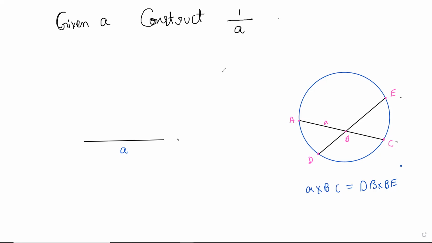So you can think like this, 1 by A sort of fits like this, and you should get a 1. So in particular, what should you take as DB and BE?